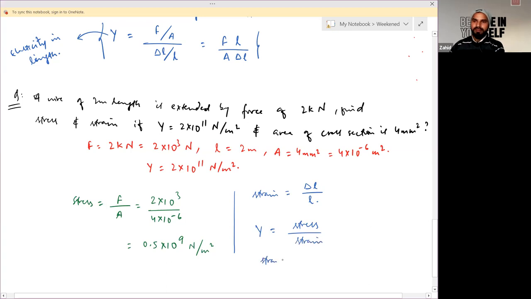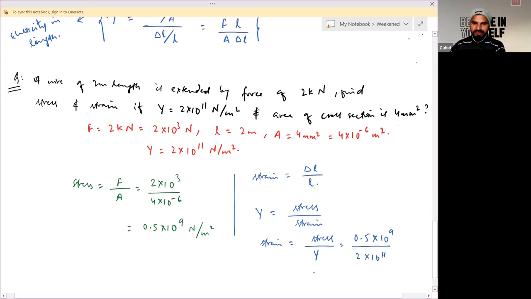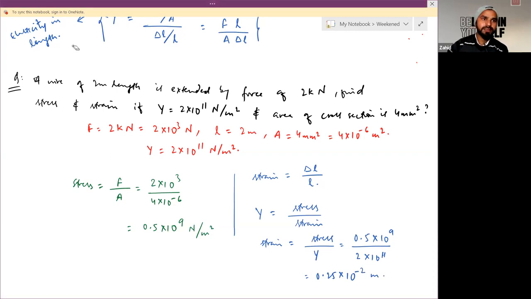So strain will equal stress divided by Young's modulus. Stress we have found as 0.5 into 10 raised power 9, and Young's modulus is 2 into 10 raised power 11. If you divide it, you'll get 0.25 into 10 raised power minus 2. No, it would be unitless.